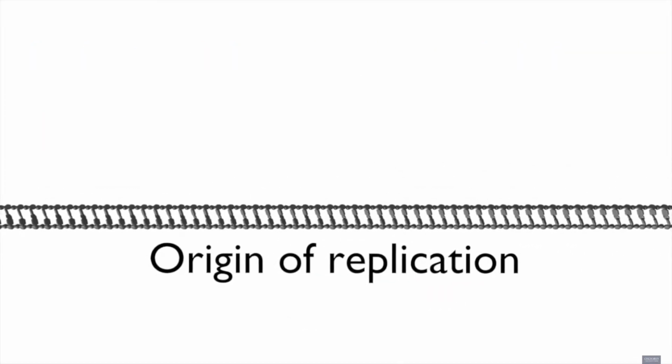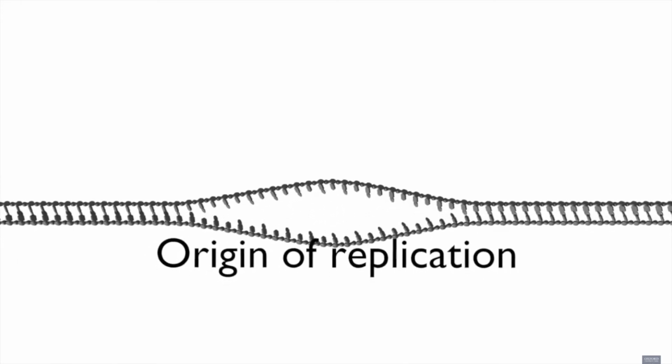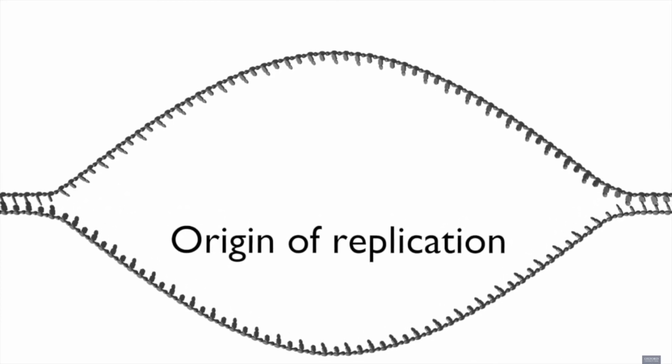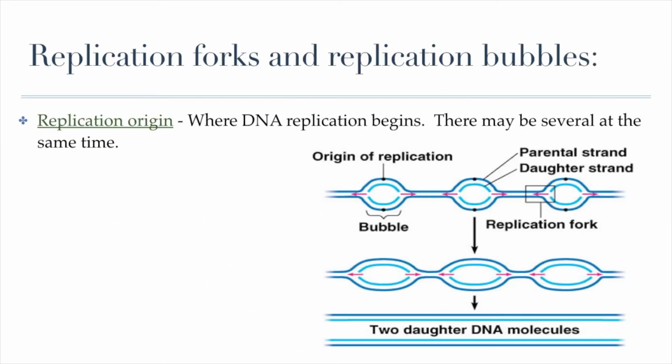There's always going to be something called a replication origin, or origin of replication, where DNA replication begins, where the parent strands get separated. And there's usually several at the same time.